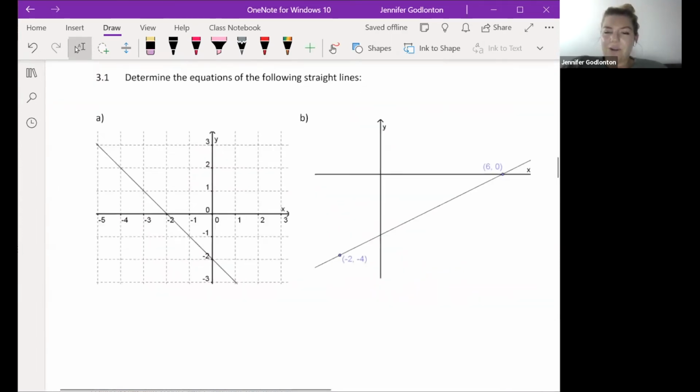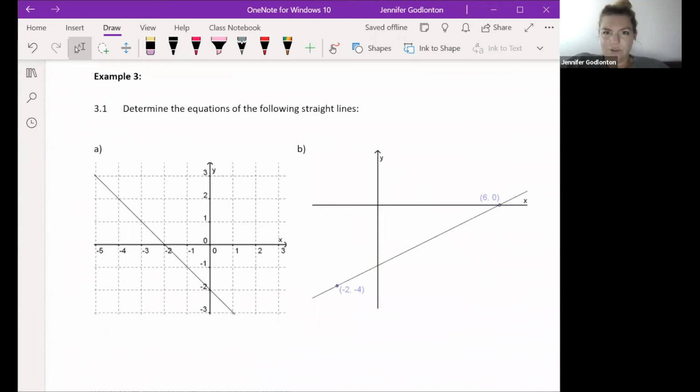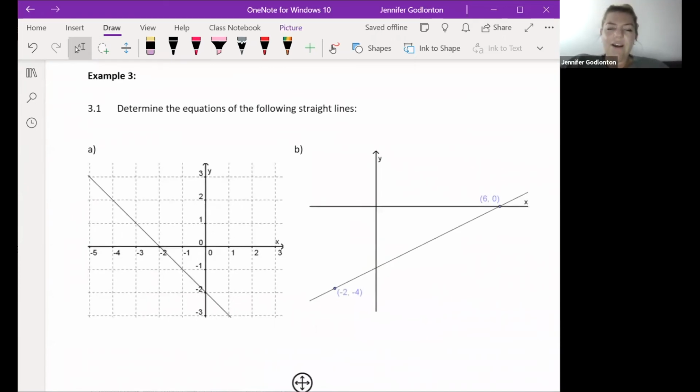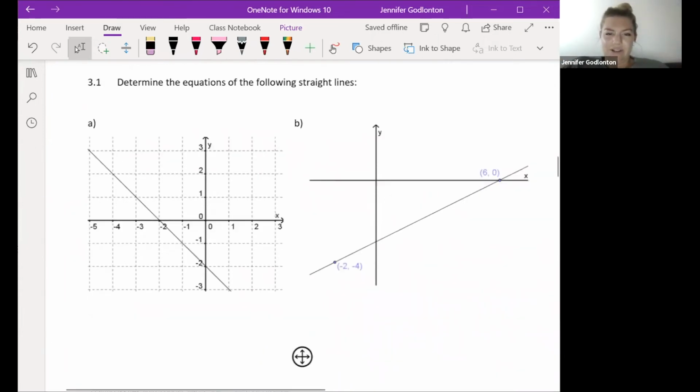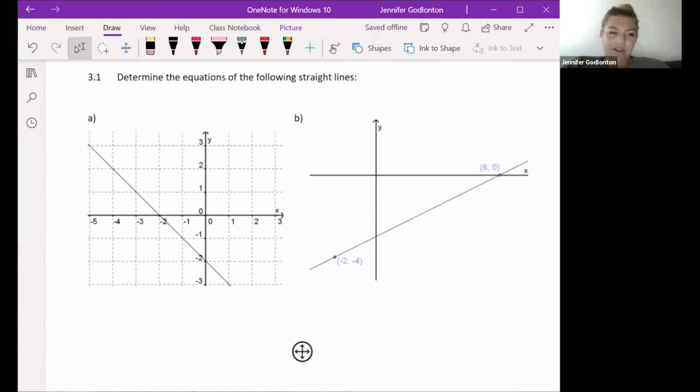Okay, so now we're just doing some mixed questions, which is just good revision from the work that we've done so far. I would like to know what my equations of these 2 lines are. One is nice and easy because they've given you the y-intercept, so you only have to find the gradient.